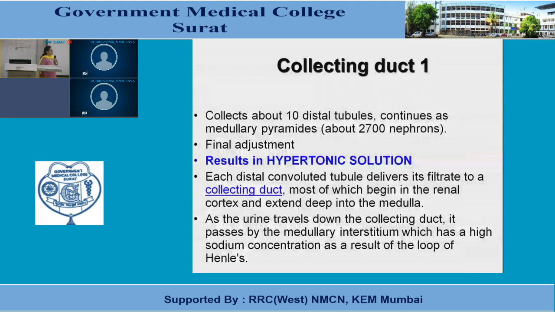There are different types of aquaporins, which cause increased absorption of water. So the distal tubules continue as the medullary pyramids, about 2,700 nephrons, and the final adjustment of the urine, either dilute or concentrated, will occur in this segment of the nephron. So it results in a hypertonic solution.